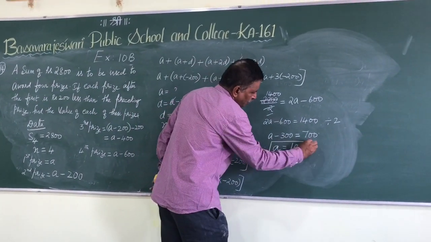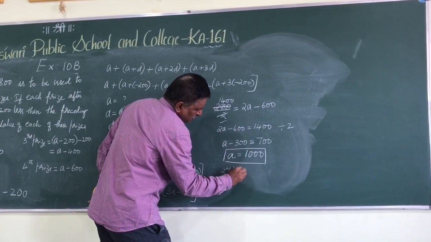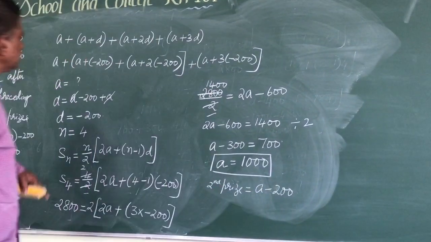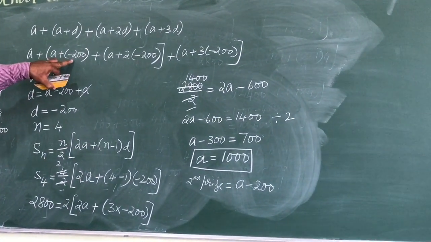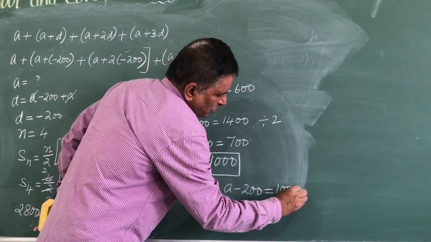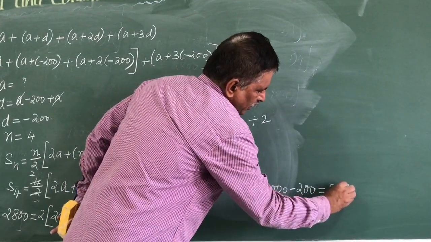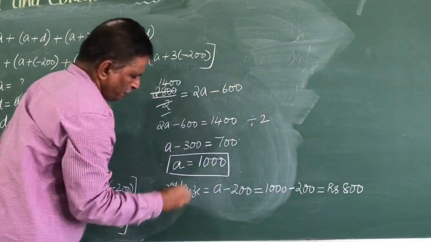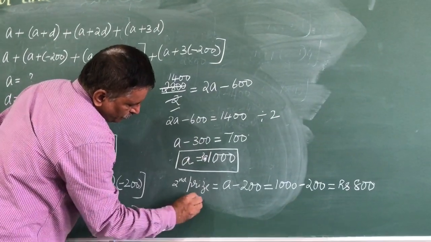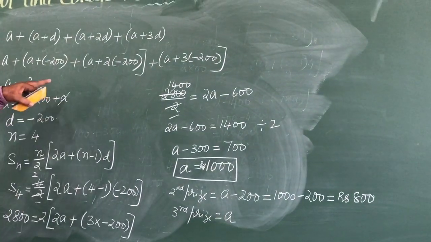What will be the second price? Second price is what? A plus into minus 200, A minus 200, which is equal to 1000 minus 200, which is equal to rupees 800. What is the third price?